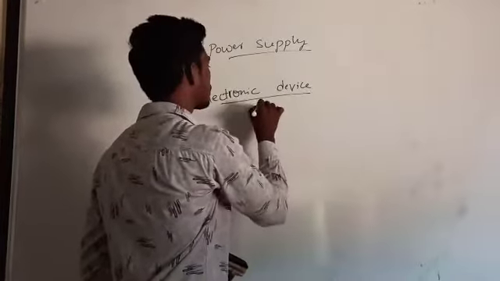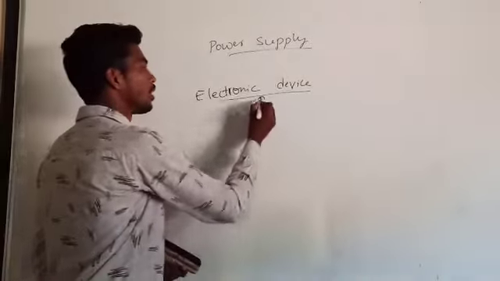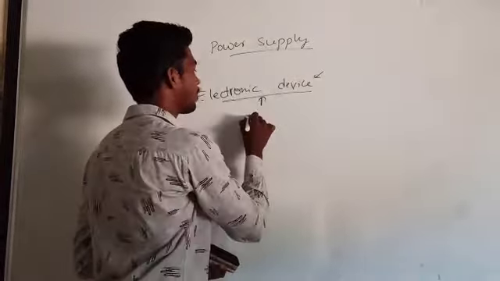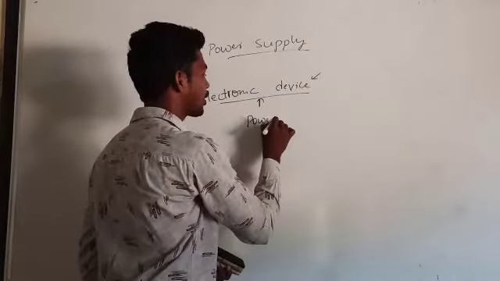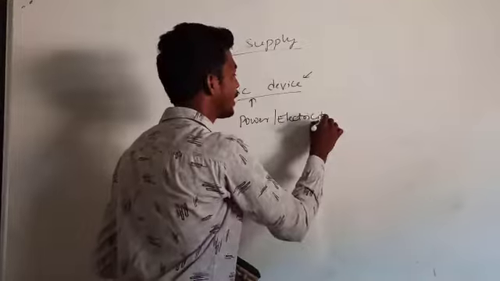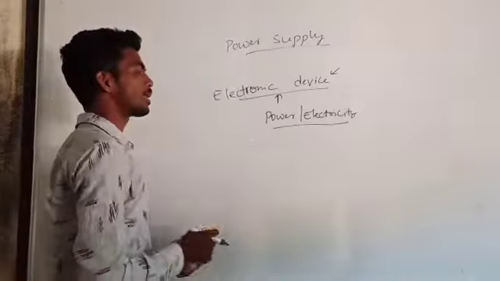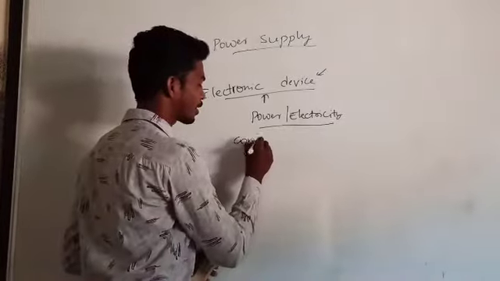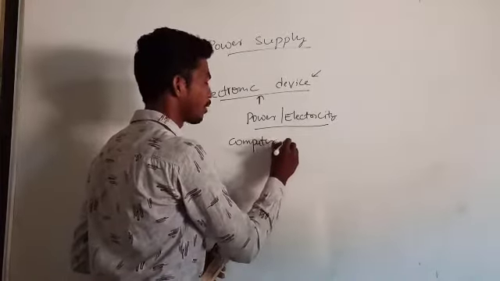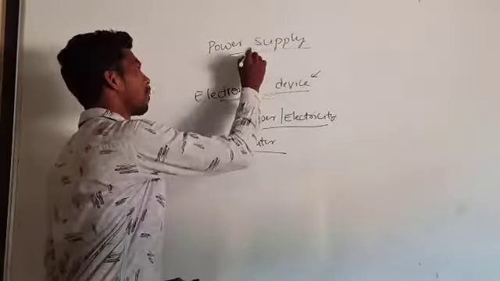When you are learning about any electronic device, you have to know that power, or electricity, is an important thing to run the devices. Computer is also an electronic device, so it needs a power supply.